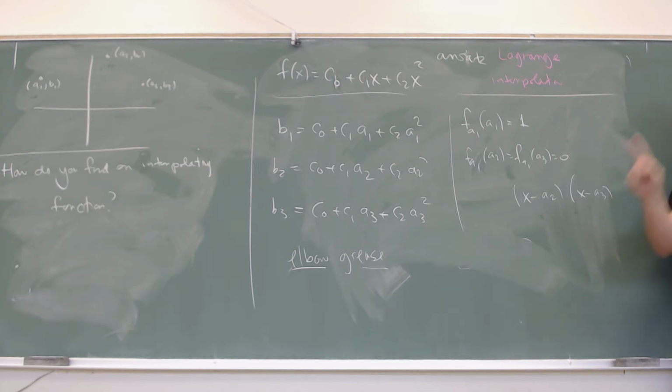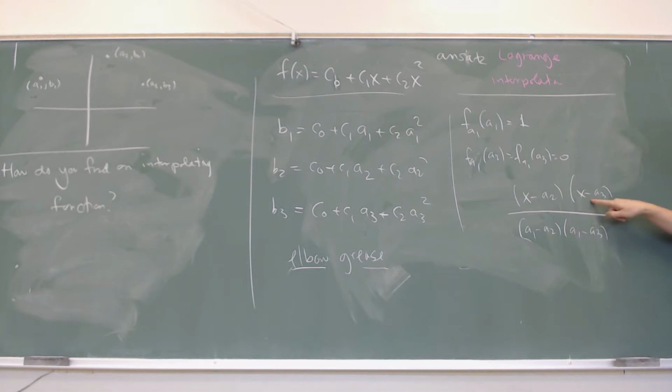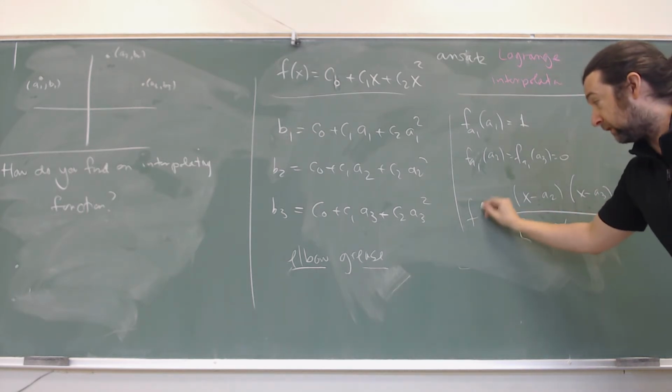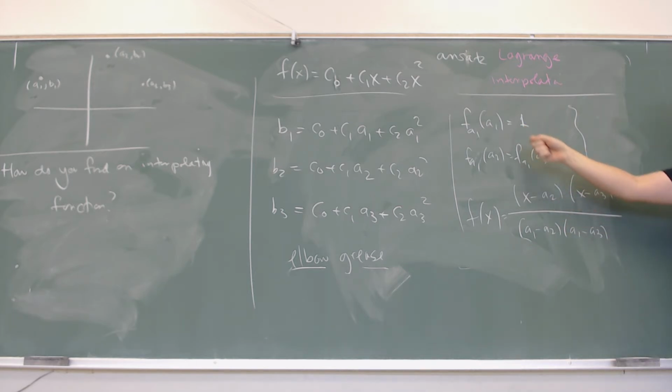But I want the value to be 1, so I'm going to cancel out what would happen if I evaluated this thing at a1. If you put in a1, this would cancel with that, and this would cancel with that, and you would get the value of 1. And if you put in a2, you get 0, and if you put in a3, you get 0. So this is a function f of x that has this property. It's equal to 1 at a1 and 0 at the other 2, and these are called interpolating nodes.